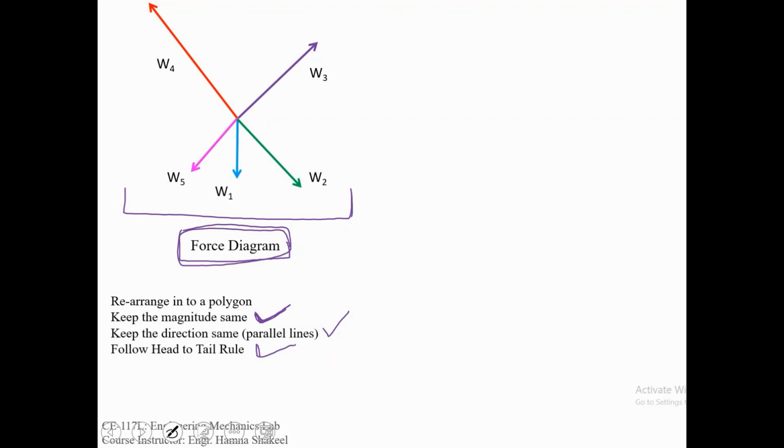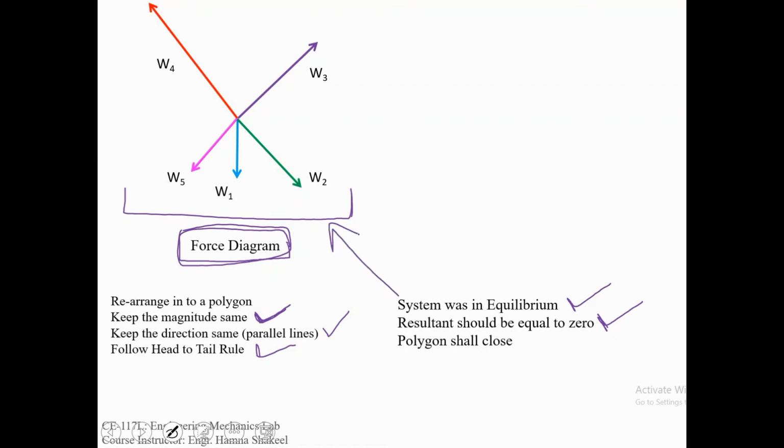So if everything was at rest, it means that the resultant on the system was 0. So our system was in equilibrium. So the resultant of this system of forces must be equal to 0. And if the resultant is equal to 0, it means that the polygon must close.